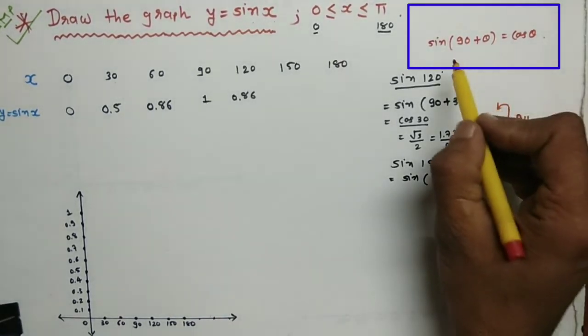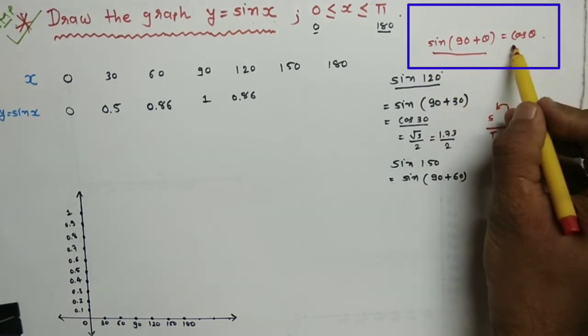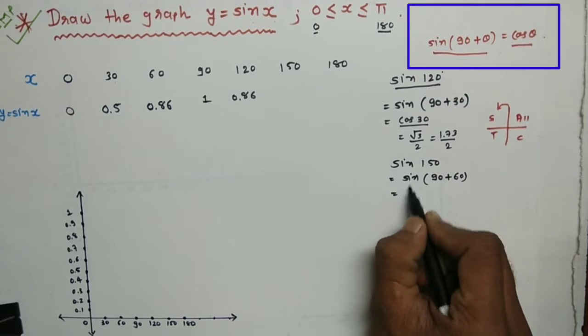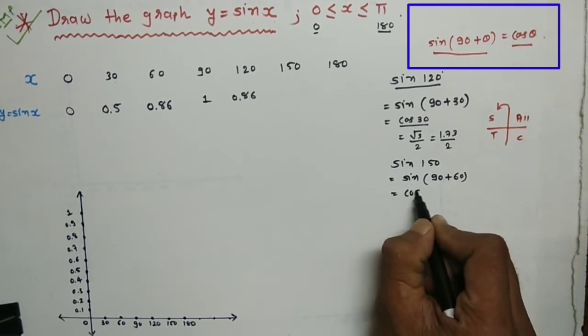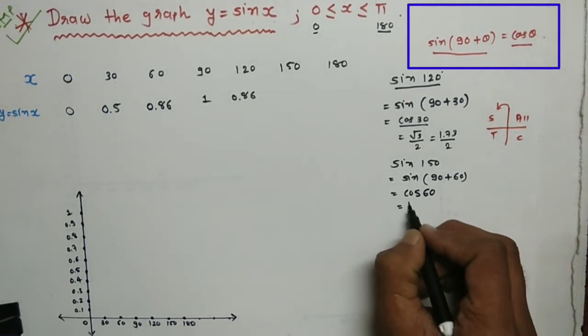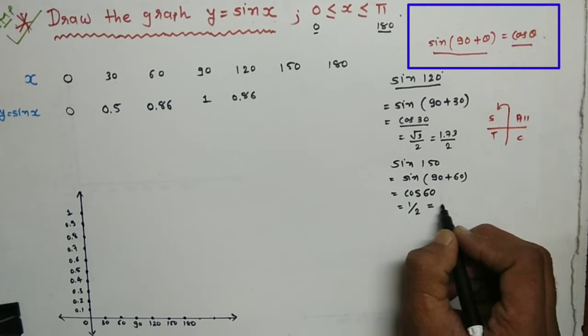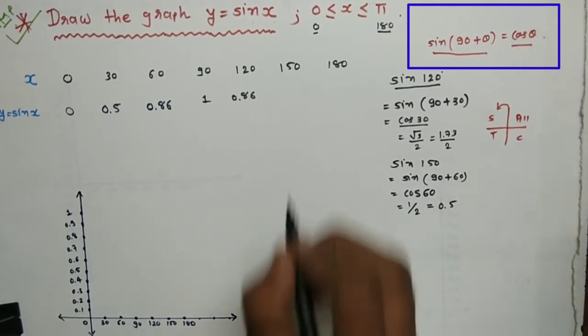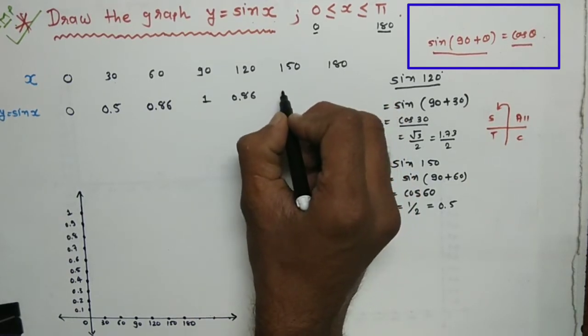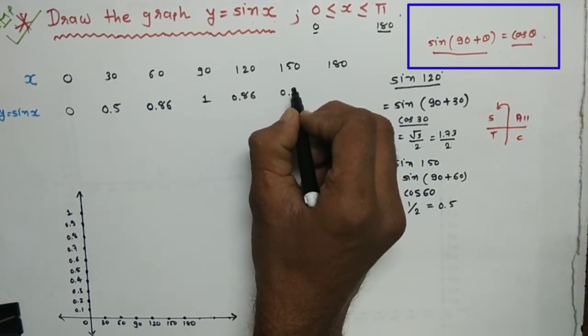Now we know the formula sine 90 plus theta is equal to cos theta. So sine is converted into cos 60. And we know that the value of cos 60 is equal to 1/2, and 1/2 is equal to 0.5. So we can write sine 150 is equal to 0.5.